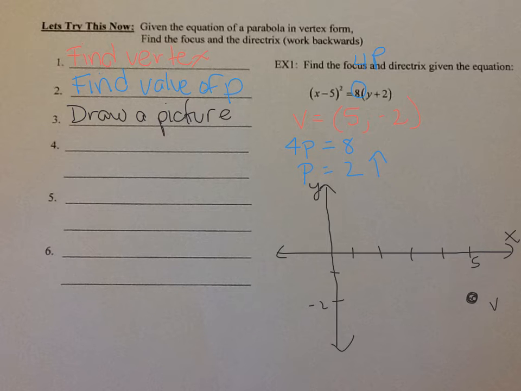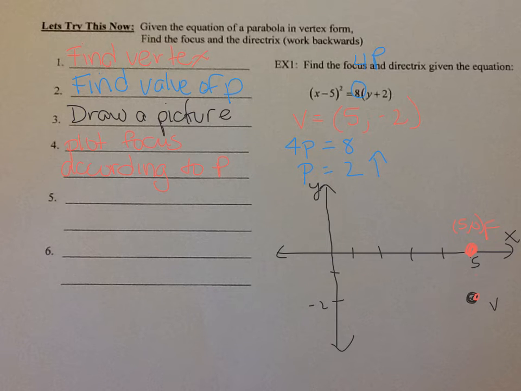So that would be step 4, plot focus according to p. So we're going to count up 2. So I'm here. I'm going to count up 2. 1, 2. So I'm right on the x-axis. And let's label that F for focus. And that point is actually (5, 0).